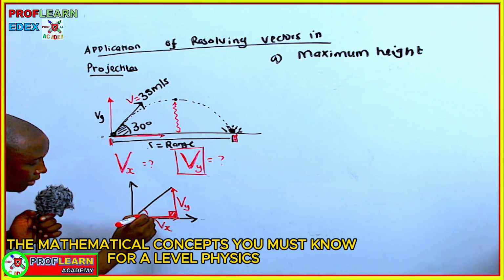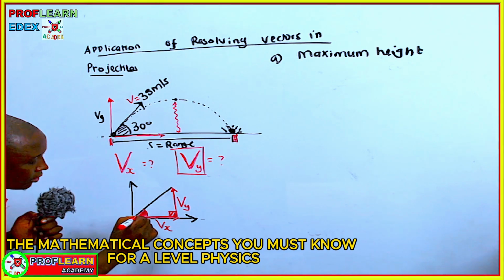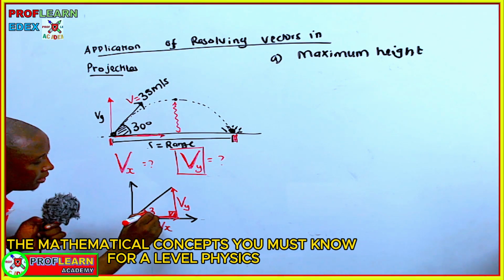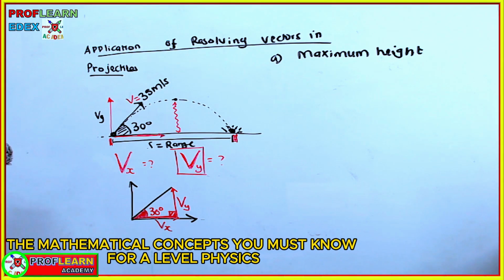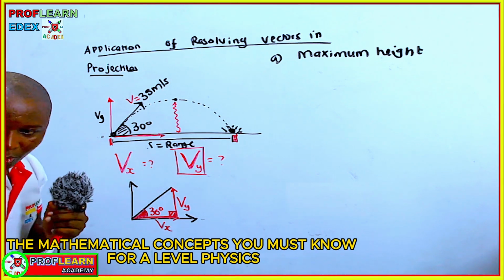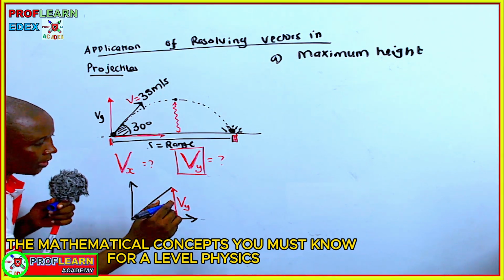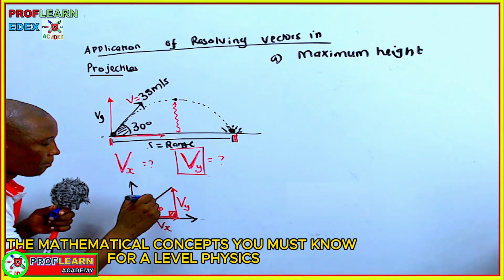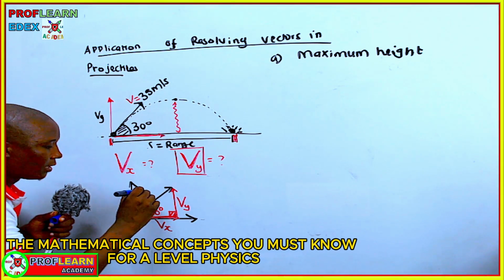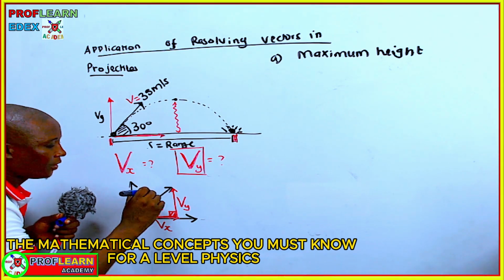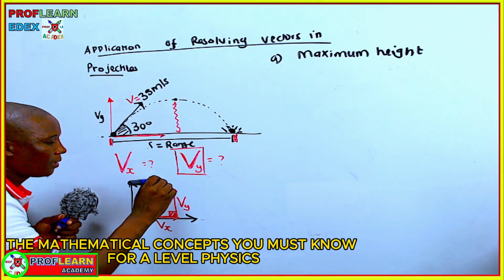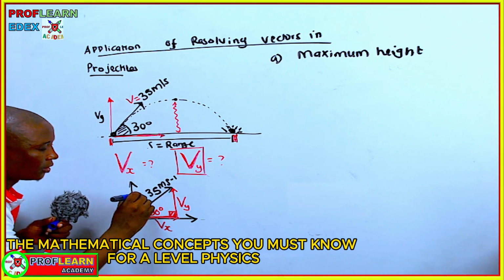So the angle that we were given in this case is 30 degrees. Now, applying SOHCAHTOA, to find v in the y direction, we are going to use sine, but of course, this is 35 meters per second, which is v.